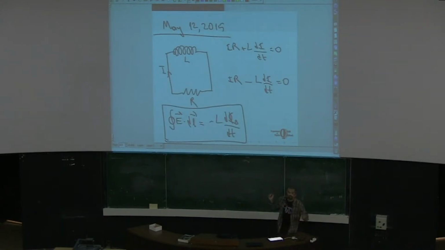So here we claim that this is the amount of work that we have to do, and we set it equal to 0. This is L di by dt. It cannot be 0. So if we take this charge and move it around, we have to do some non-zero work.